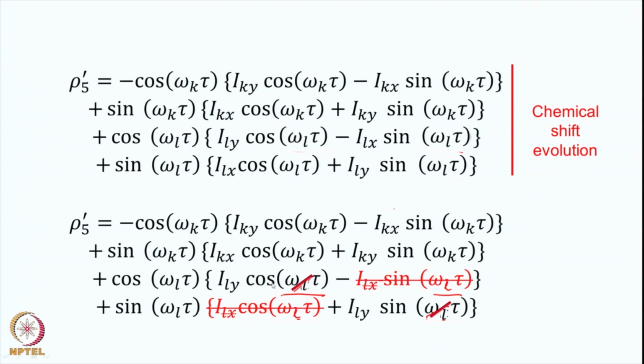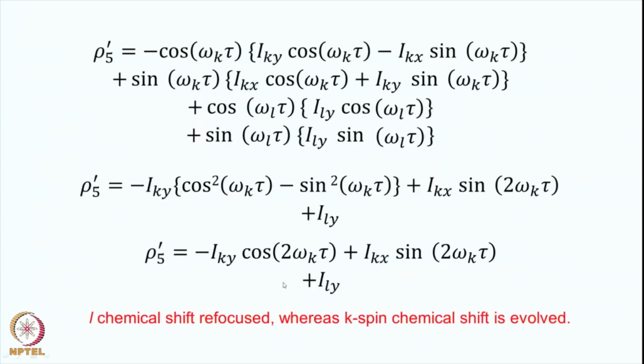Okay. And then we can see that these terms will cancel, and what will happen to this? This is cosine square omega L tau. So what do you get? IKY minus IKY cosine square omega k tau, that is this, and this minus sign is multiplying everywhere, right. So IKY cosine square omega k tau minus IKX sin omega k tau plus sin omega k tau IKX cosine omega k tau plus IKY sin omega k tau.